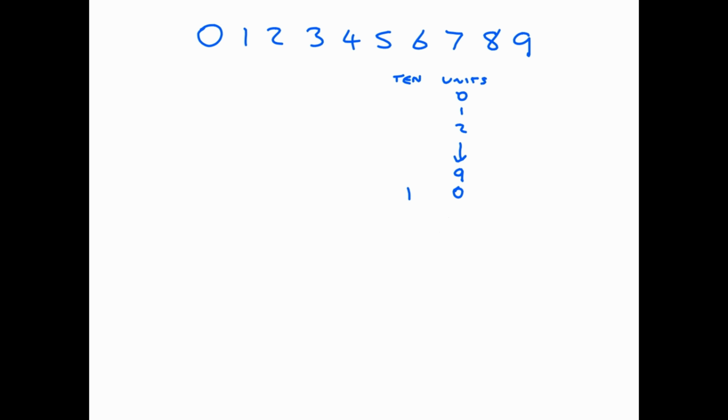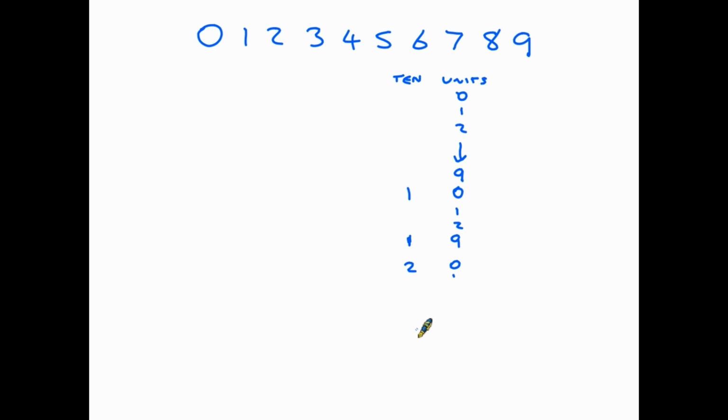If I carry on counting up, 11, 12, I will eventually get to 19, 1 and 9. Again, I want to go one extra. I want to have 20. Therefore, a 20 is now 2 tens and no units. And then 21 and so on.